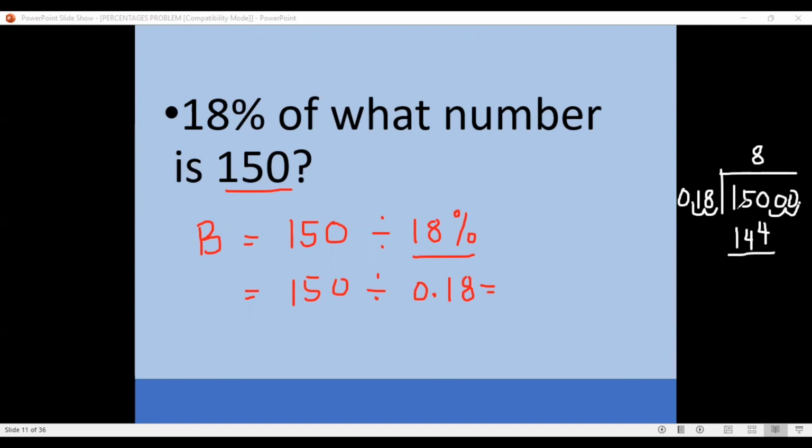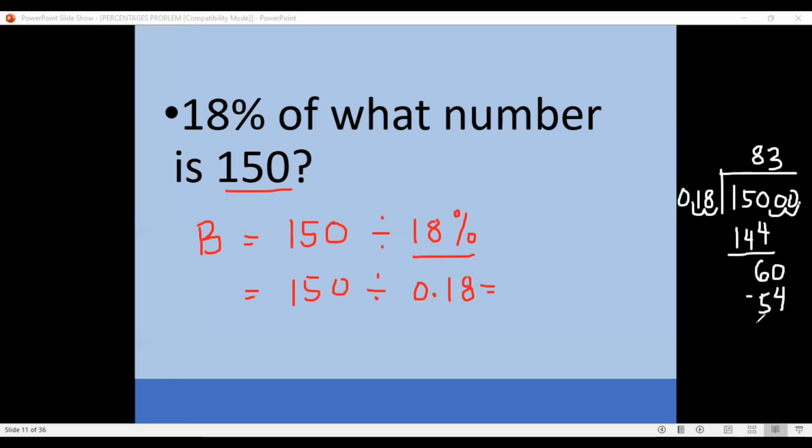And then you subtract 150 minus 144. There is an answer which is 6. So we have now 60 divided by 18. What is the answer that you will be getting? There will be 3. Then you have 3 times 18, which gives you 24 carried 2, so 54.